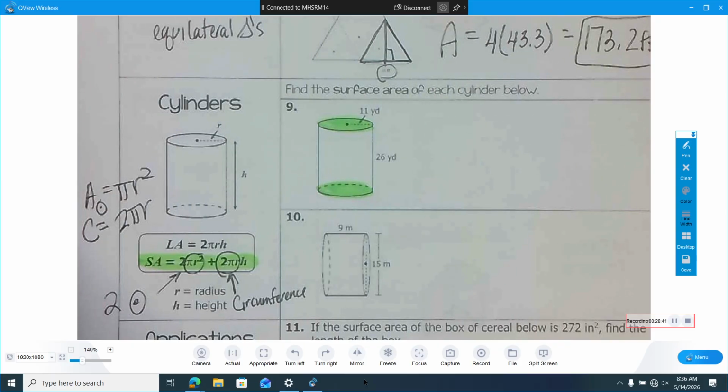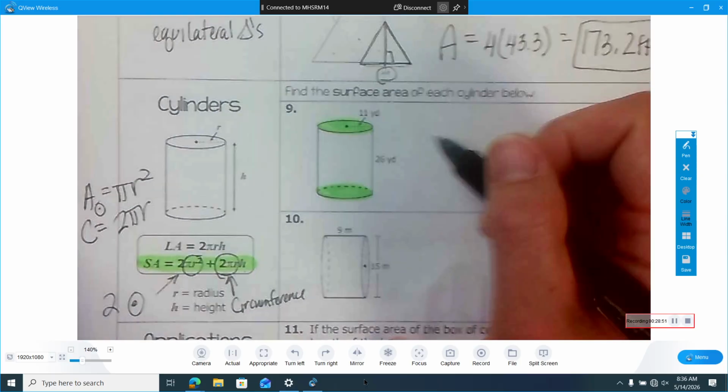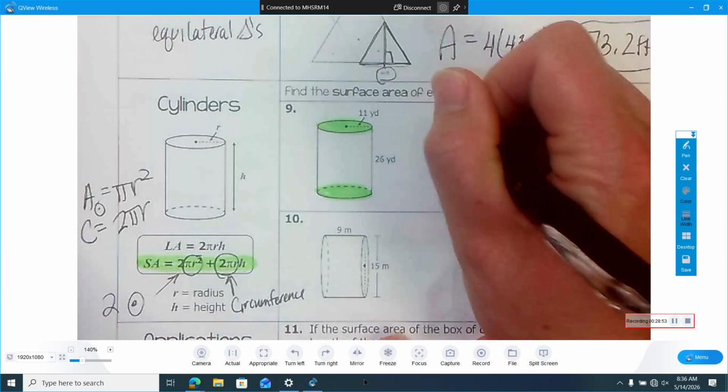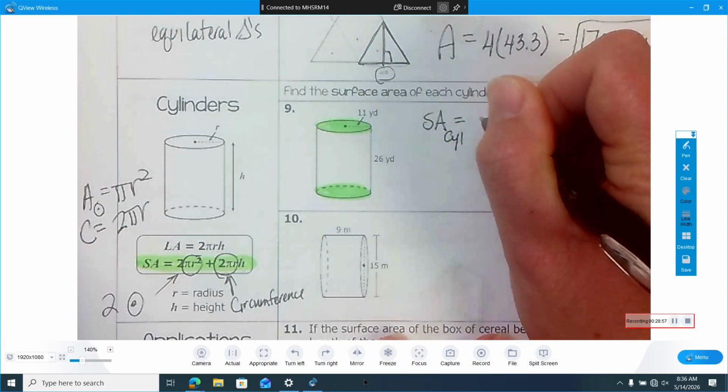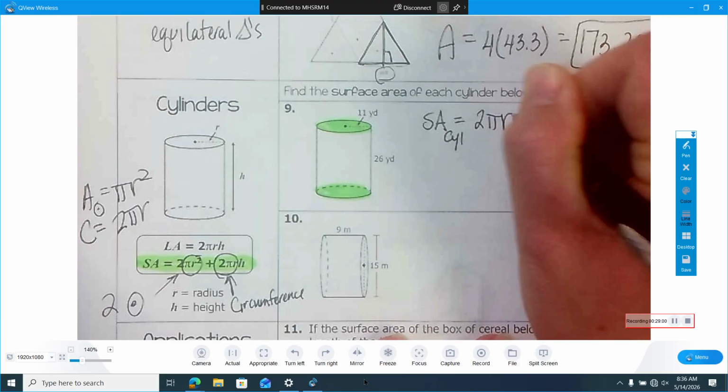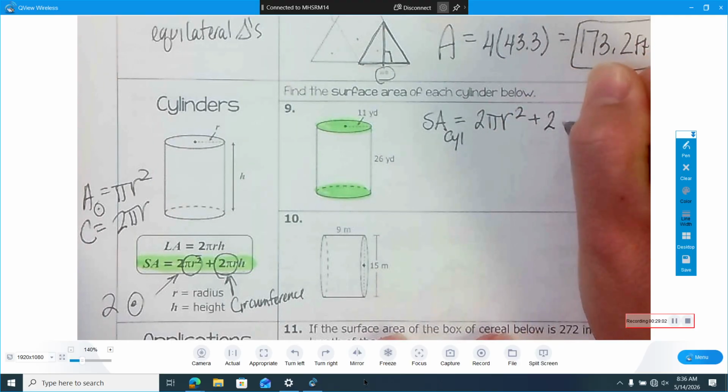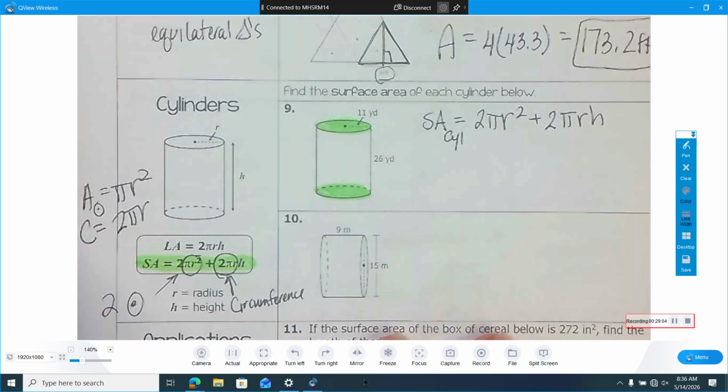That's where the formula comes from. It's not complicated at all. Makes pretty good sense when you think about it. This is the formula that you do need to memorize. The surface area of a cylinder is 2 pi r squared plus 2 pi r h.